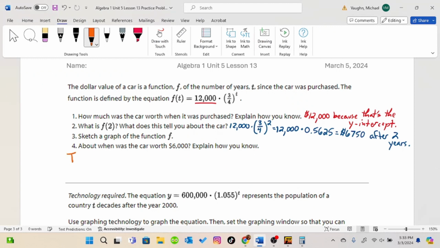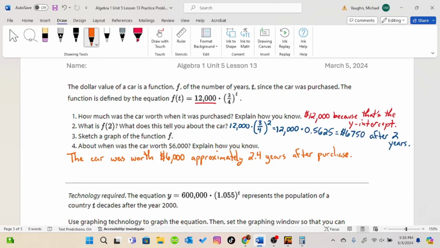So the car was worth $6,000 approximately 2.4 years after purchase.